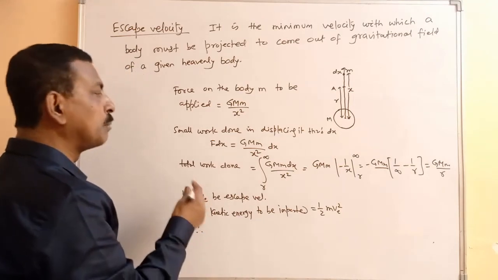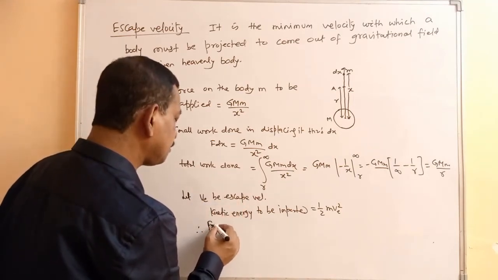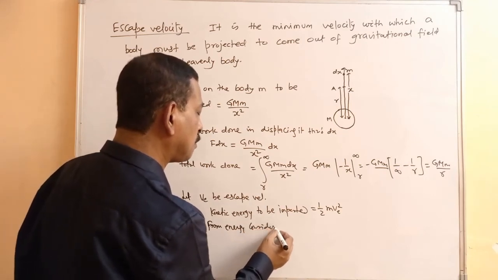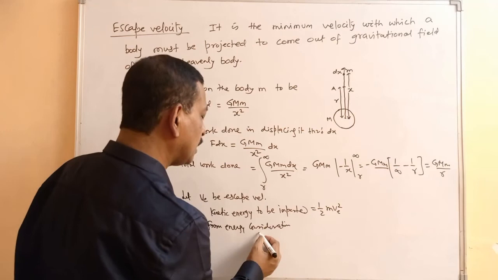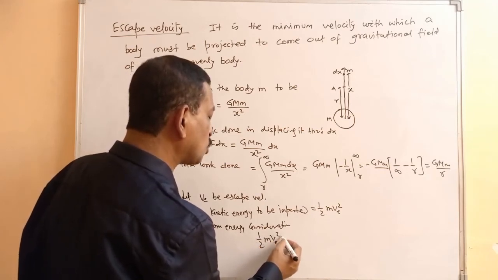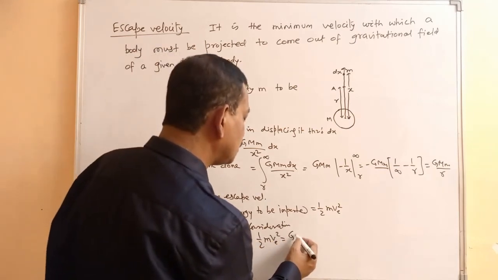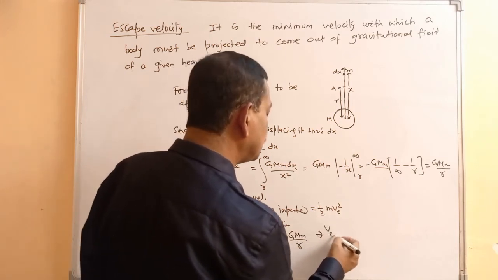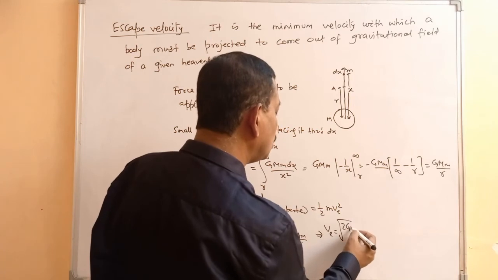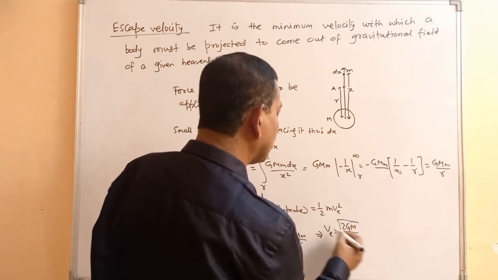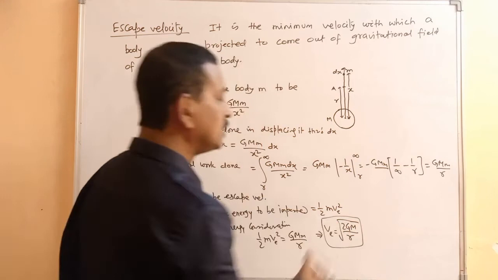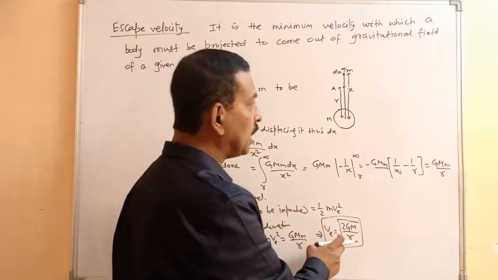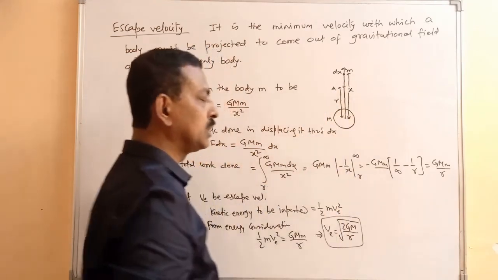Therefore, from energy consideration, half m V_E square is equal to GMm by r, and that gives you V_E is root over 2GM by r. This is the expression for escape velocity from a distance r from the center of the heavenly body.